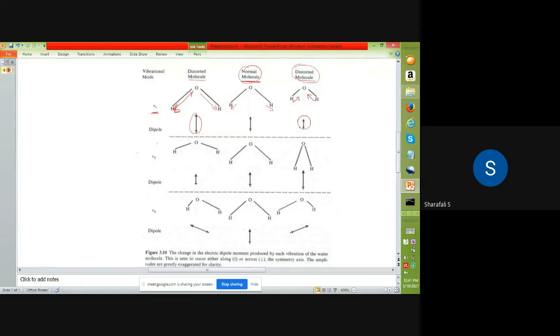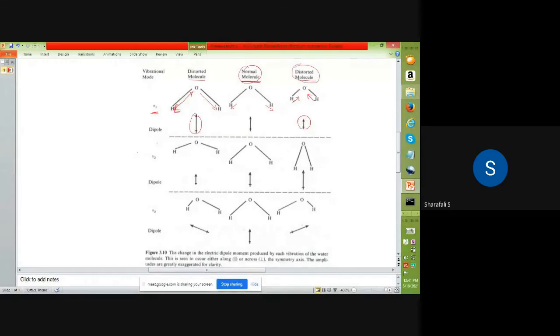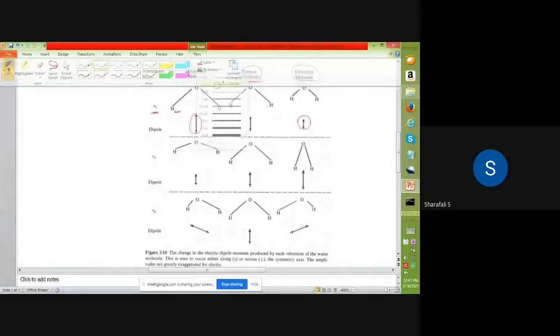The direction will be the same. I'm not going to discuss all the details about the dipole moment. I will just say how we can calculate this dipole moment here. There will be many videos associated with dipole moment.